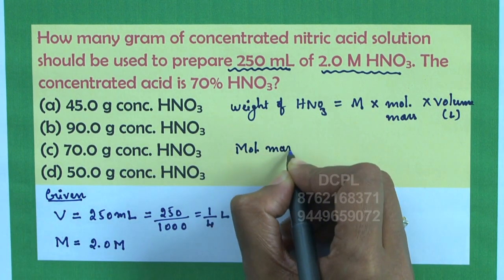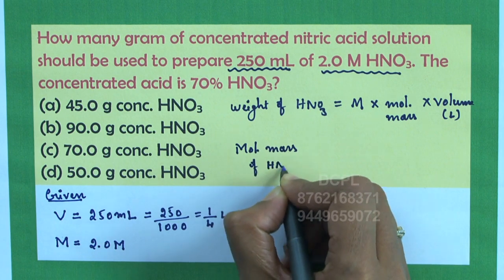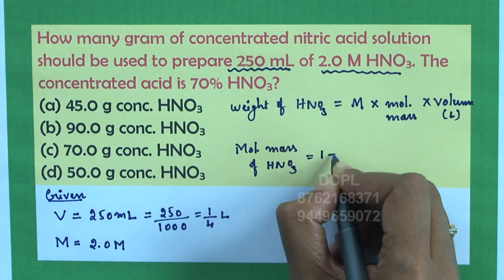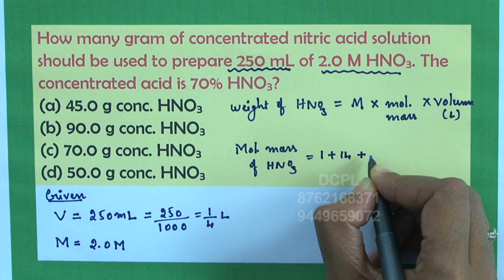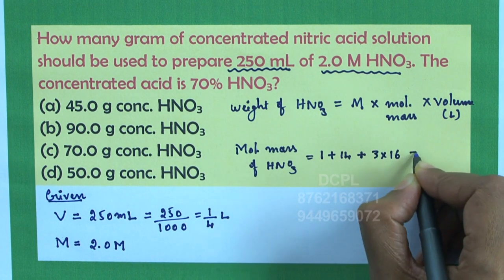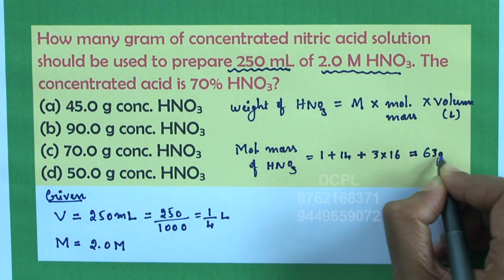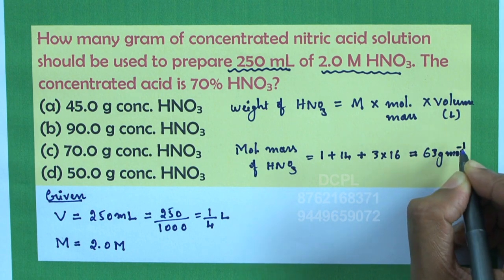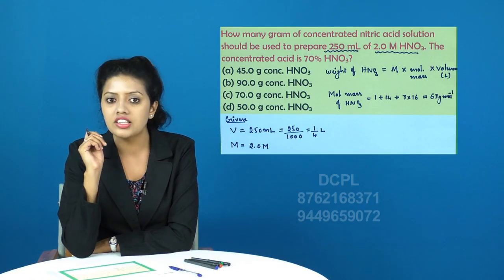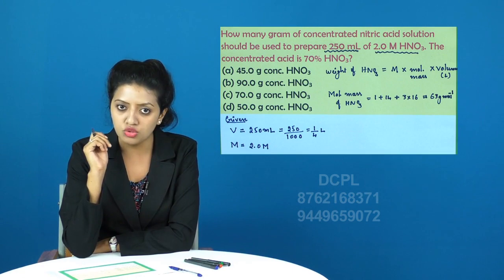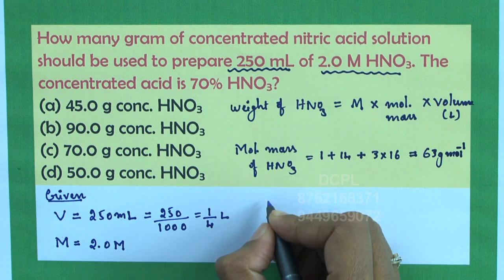The molecular mass of HNO3 is nothing but 1 plus 14 plus 3 into 16, which is equal to 63 gram per mole. Now, let us find out the unknown parameter here.